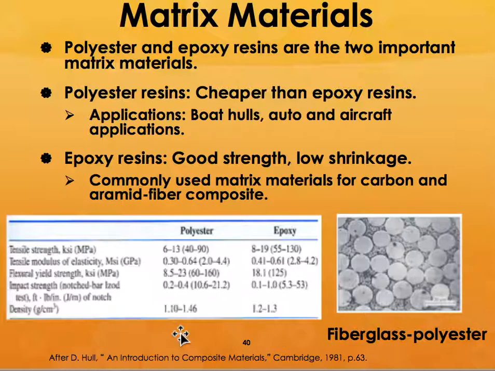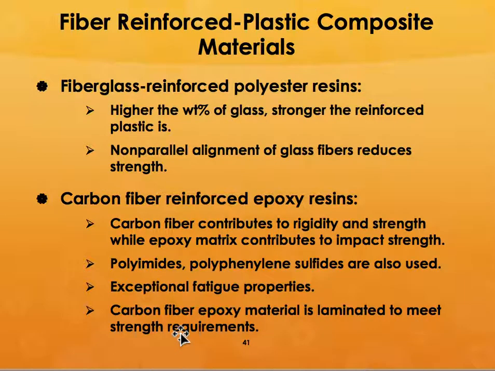You can see the combination of the tensile strength, modulus, yield strength, etc. for the composites based on polyester and epoxy matrix materials. What are some of the properties that you can observe in these materials?